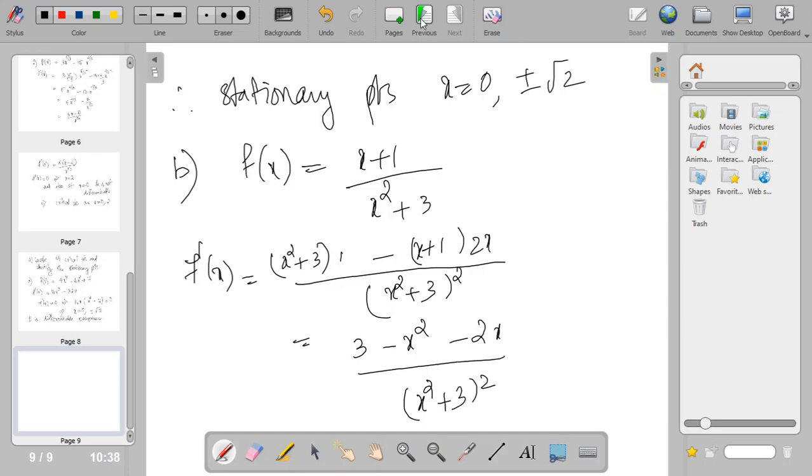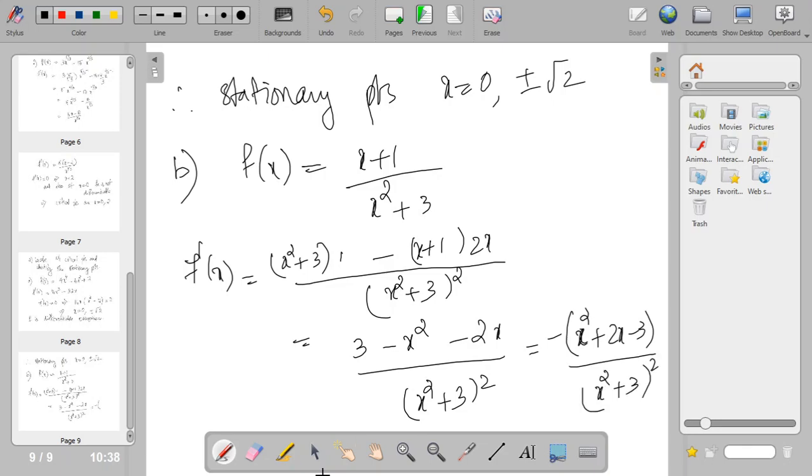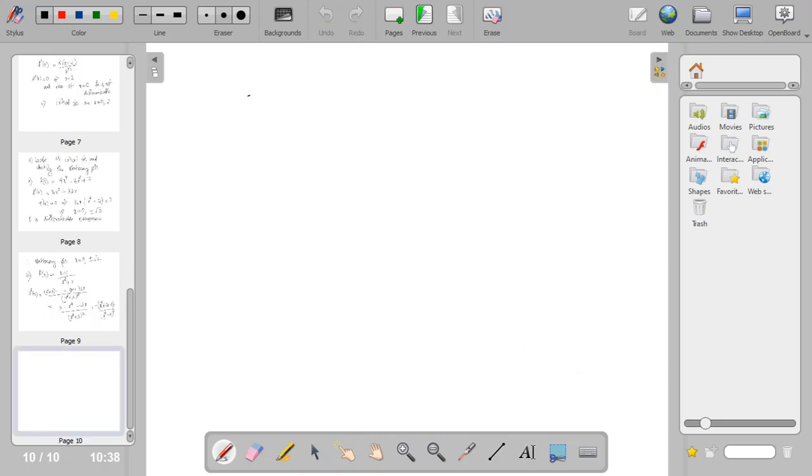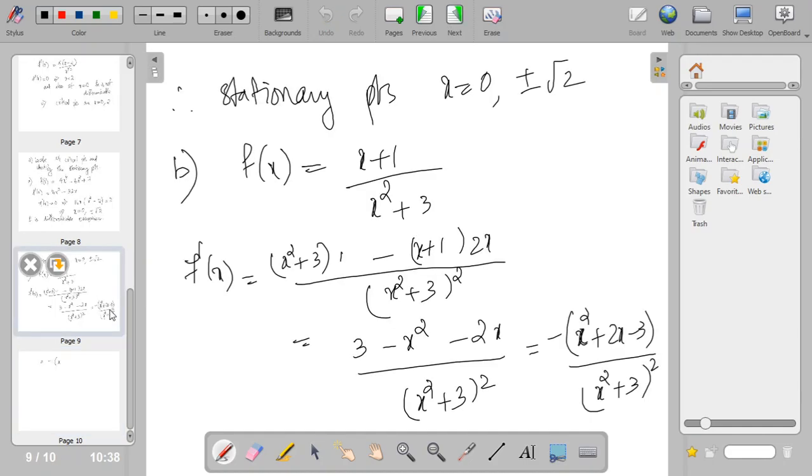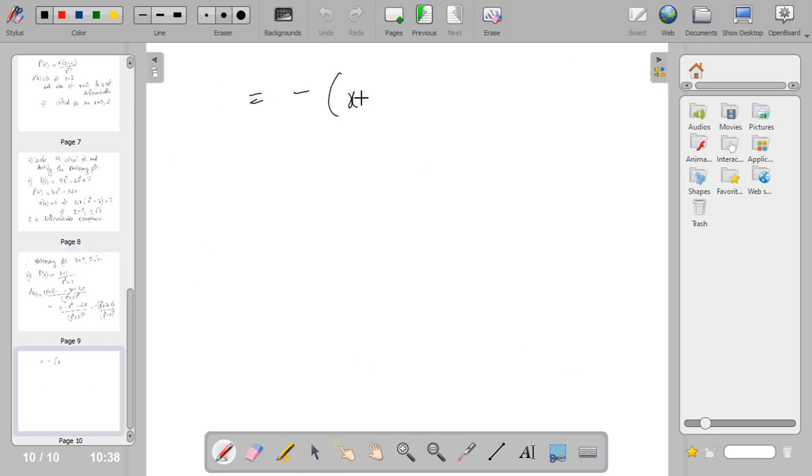So that will be equal to minus of x square plus 2x minus 3 by x square plus 3 whole square. So that will be equal to minus of x plus 3 into x minus 1 by x square plus 3 whole square.